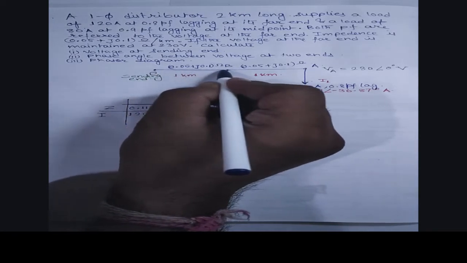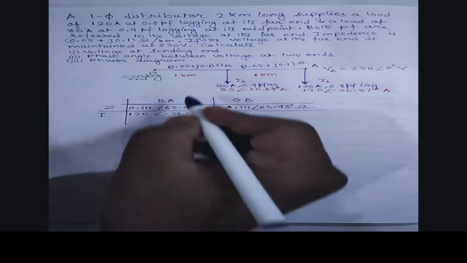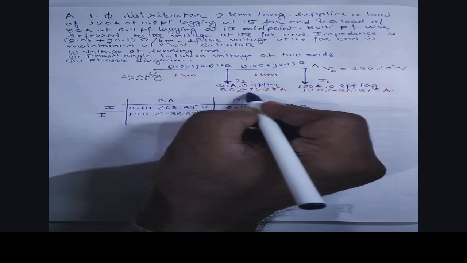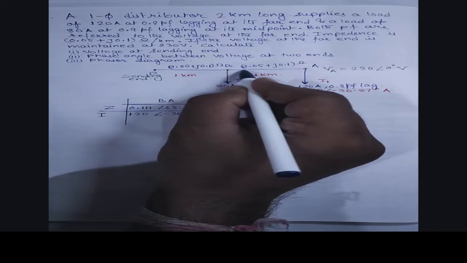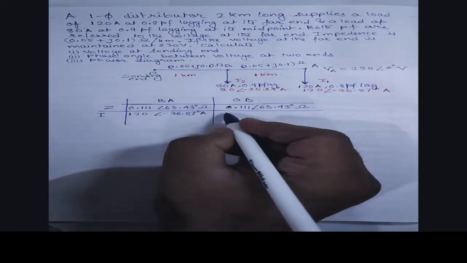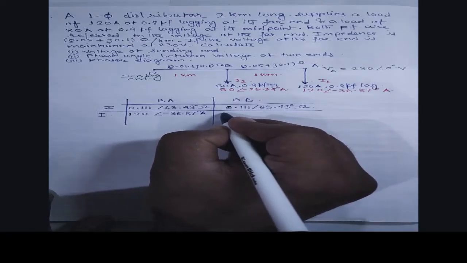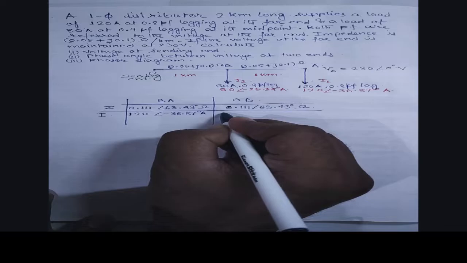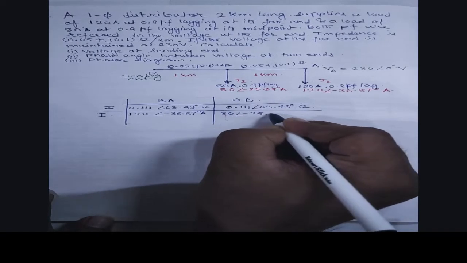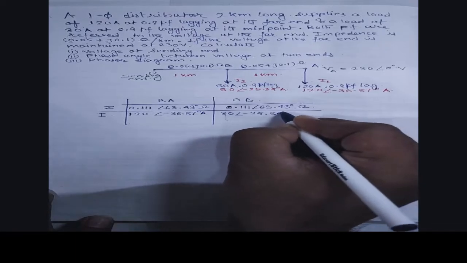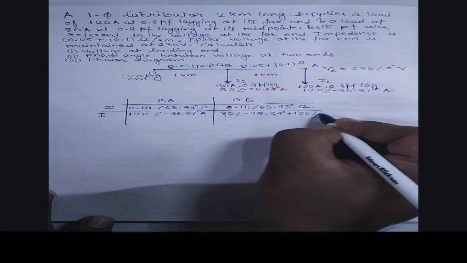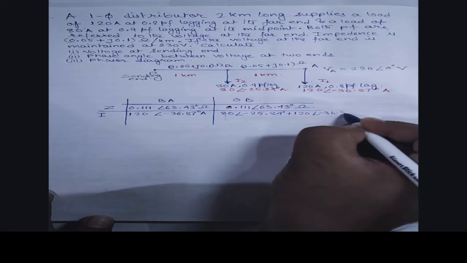And the current in branch OB is equal to the current in this branch plus the current in this branch, so this is equal to 80 at an angle of minus 25.84 degree plus 120 at an angle of minus 36.87 degree.